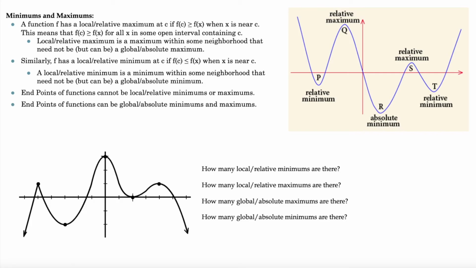Now, along those dips and valleys and high points, we have what's called minimums and maximums. We have what's also called local or relative minimums and local or relative maximums. We also have what's called absolute minimums and absolute maximums.